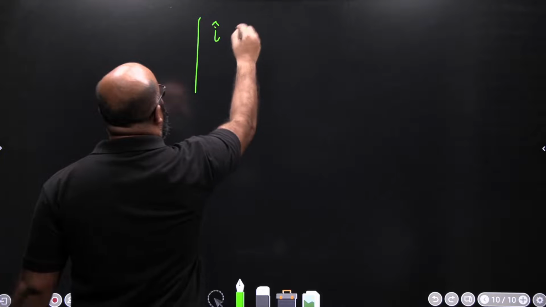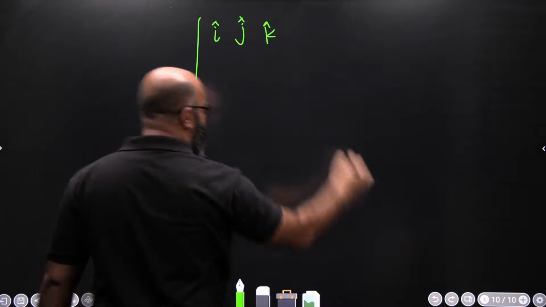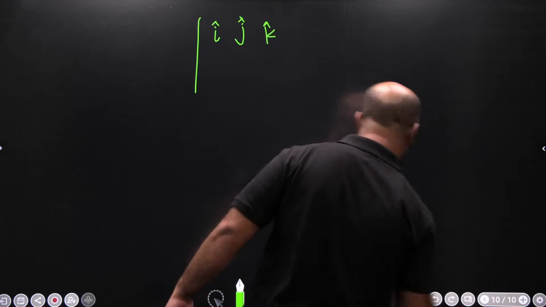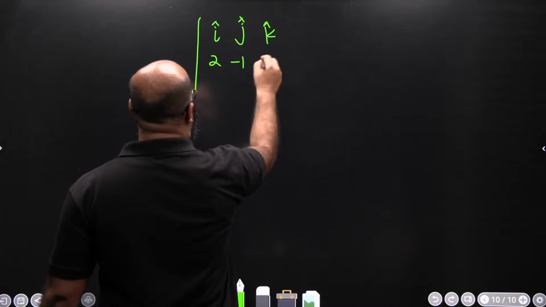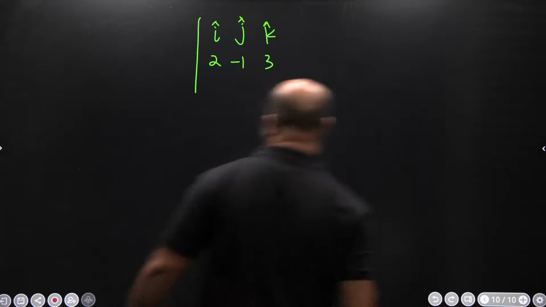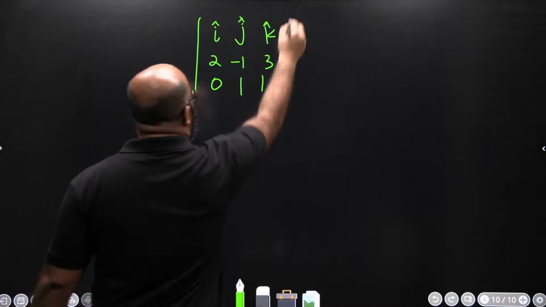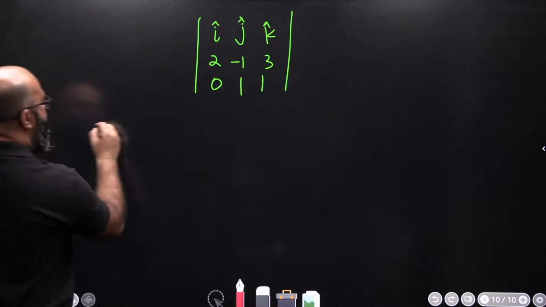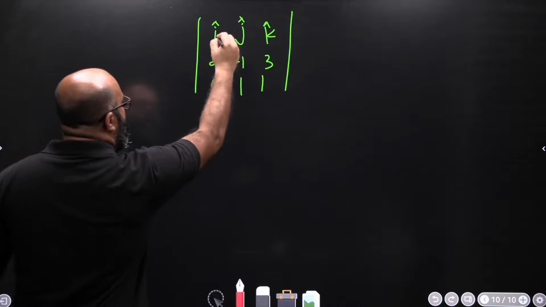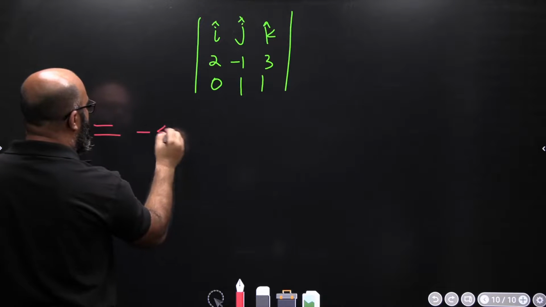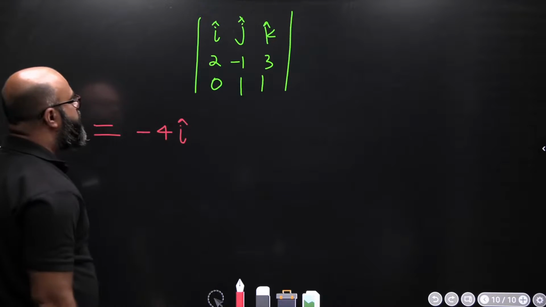I am checking it here. So i, j, k is there, and then we have 2, -1, 3, and then we have 0, 1, 1. So this would become equal to i times (-1 minus 3), that will be -4, so -4 i cap.